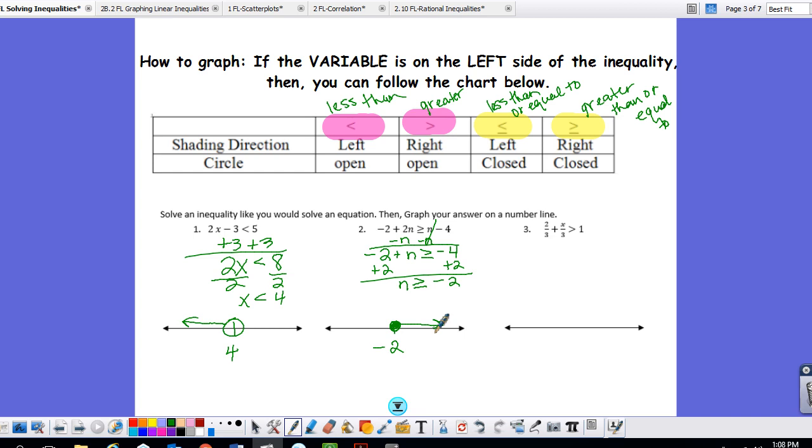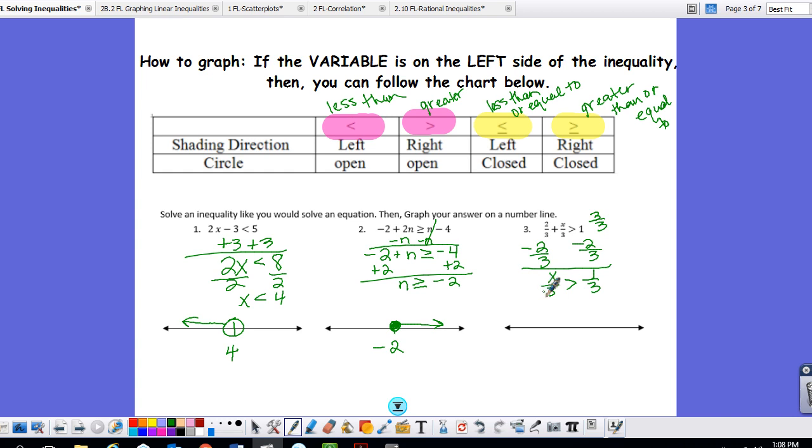Number 3, trying to solve for x, so I need to move the 2/3 first. So subtract 2/3 from both sides. So I get x divided by 3 is greater than, and if I do 1 minus 2/3, well, you can think about 1 as being 3 over 3. And we subtract 2 over 3, so we're left with 1 over 3. So 1 minus 2/3 is 1/3.